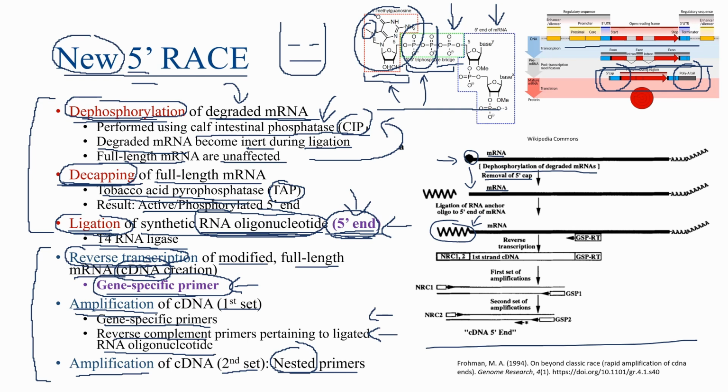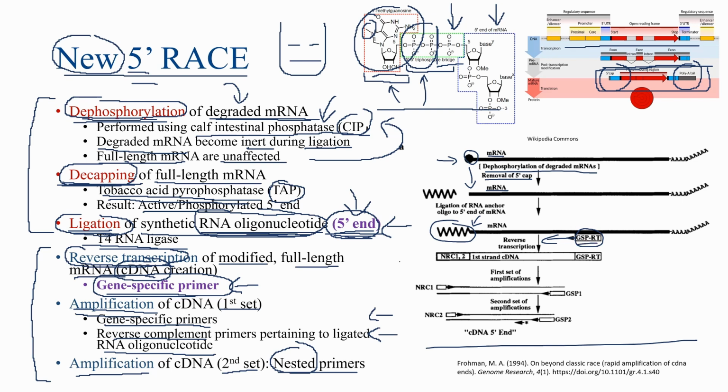After ligation of this oligonucleotide, you will perform reverse transcription of your modified messenger RNA using a reverse transcriptase. In this case, you are using a gene-specific primer to perform the reverse transcription.